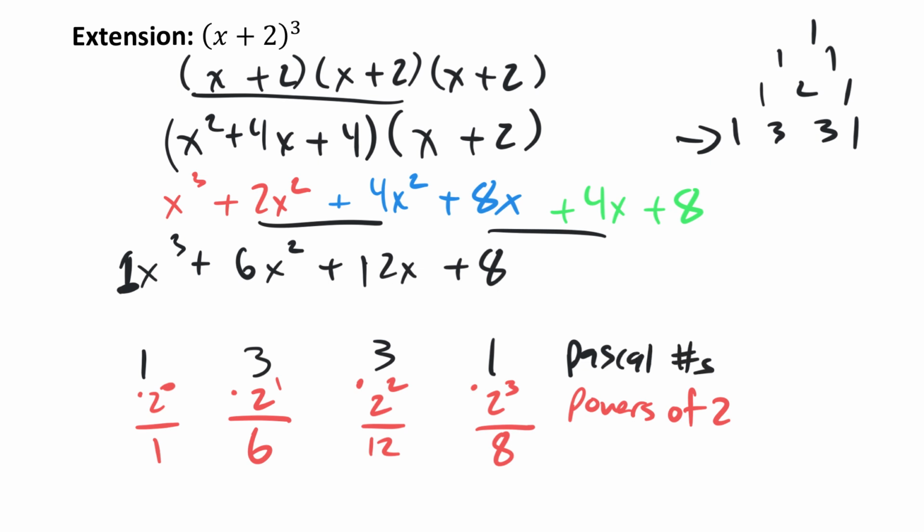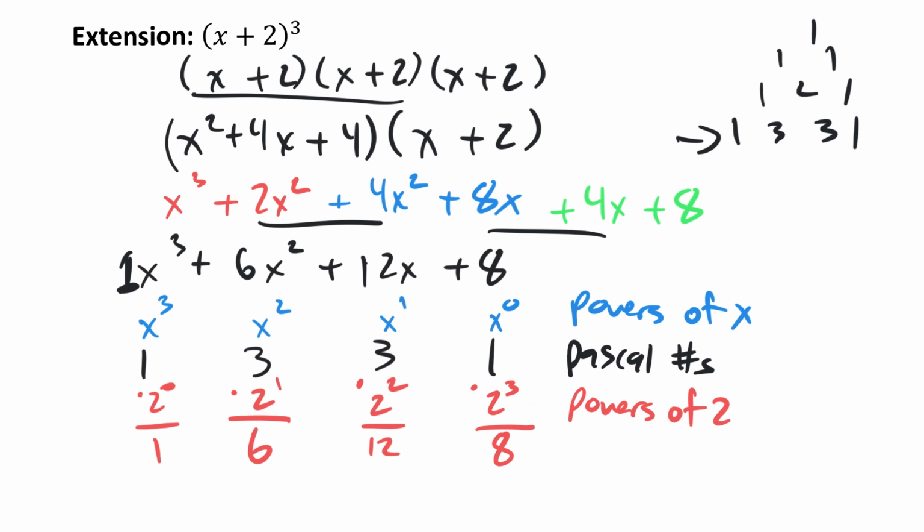And really I should have a row above that that has the x's, x to the 3, x to the 2, x to the 1, and x to the 0. These are the powers of x. And if you notice, the powers of x's are counting down. The powers of 2's are counting up. The Pascal numbers are kind of sandwiched in between.